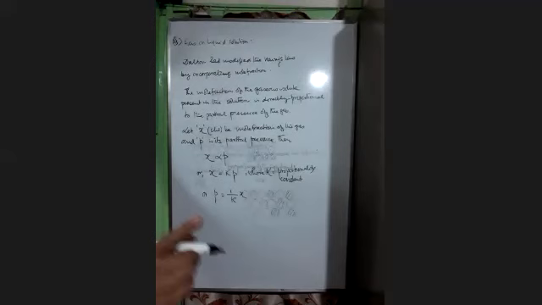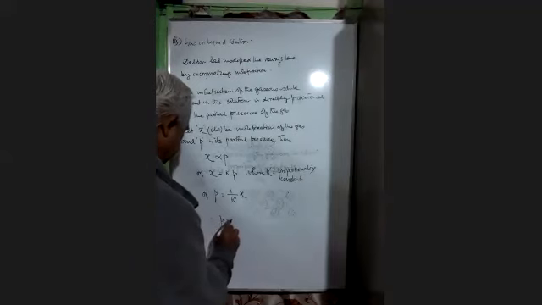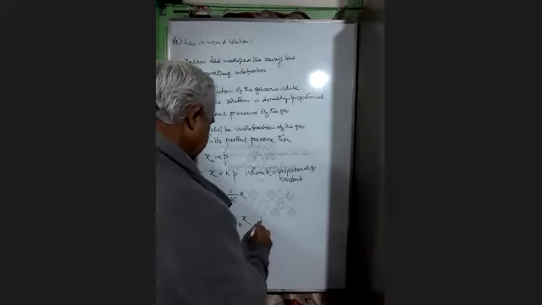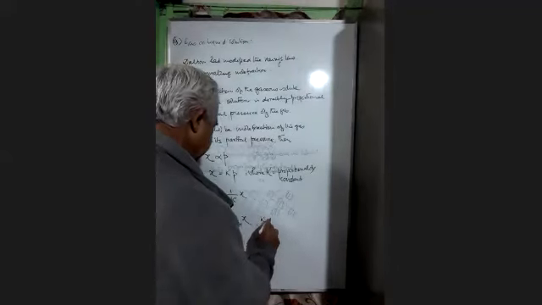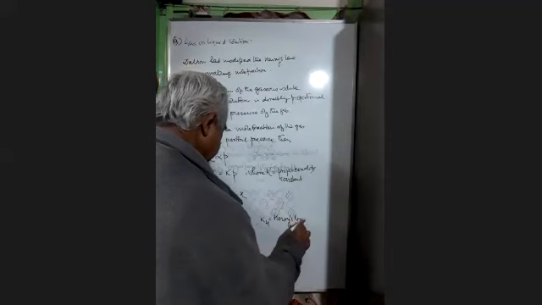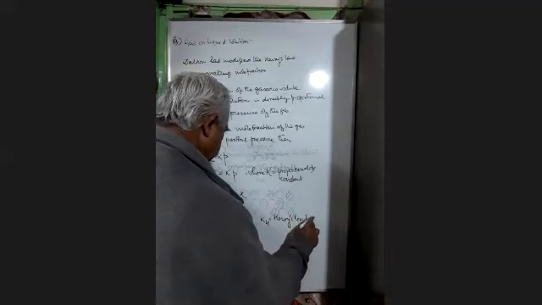The inverse of a constant is also a constant. If 2 is a constant, half is also a constant. So therefore I can write P is equal to K_H chi. The H is not a multiple, it's a symbol. Where K_H is called Henry's constant.